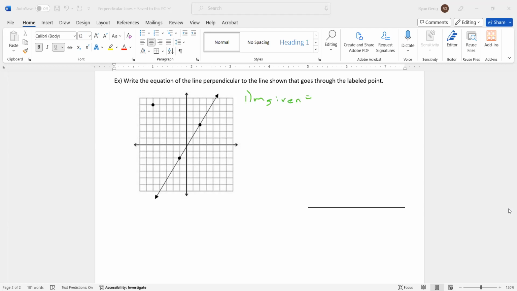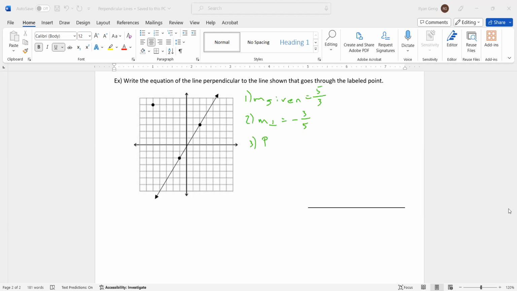Count 1, 2, 3, 4, 5. 1, 2, 3. So up 5/3. Good idea maybe to count again just to make sure. Yep, 5/3. That's right. So the slope of the perpendicular line, 3/5. The first one was positive, so the second one has to be negative.